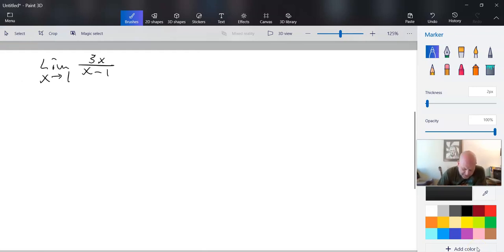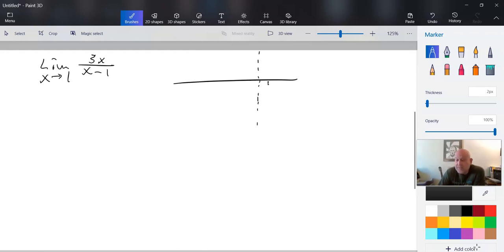So looking at this thing, one of the things that we can tell is that there's a problem at 1. So let's say this is 1, right? We have some kind of asymptote here. So really what you can do is just check a point on the left and check a point on the right and see if they're going up or if they're going down, because we know they don't cross the asymptote at 1.